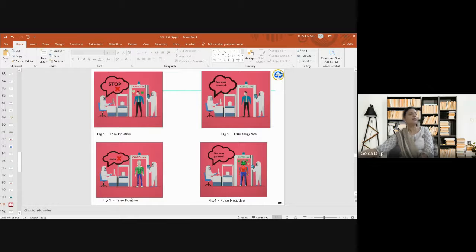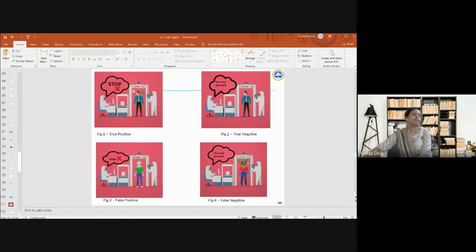That means when you predict an observation does not belong to a class, and it actually does not belong to that particular class. That's what is true negative.